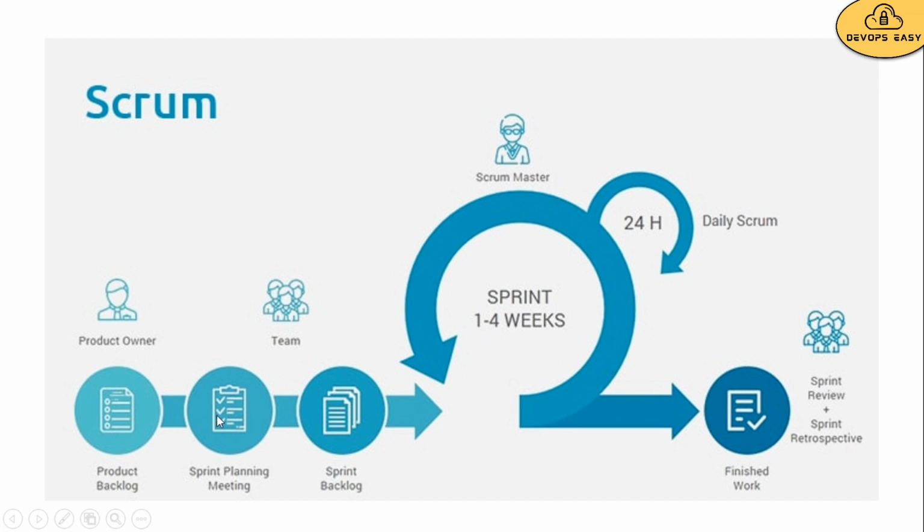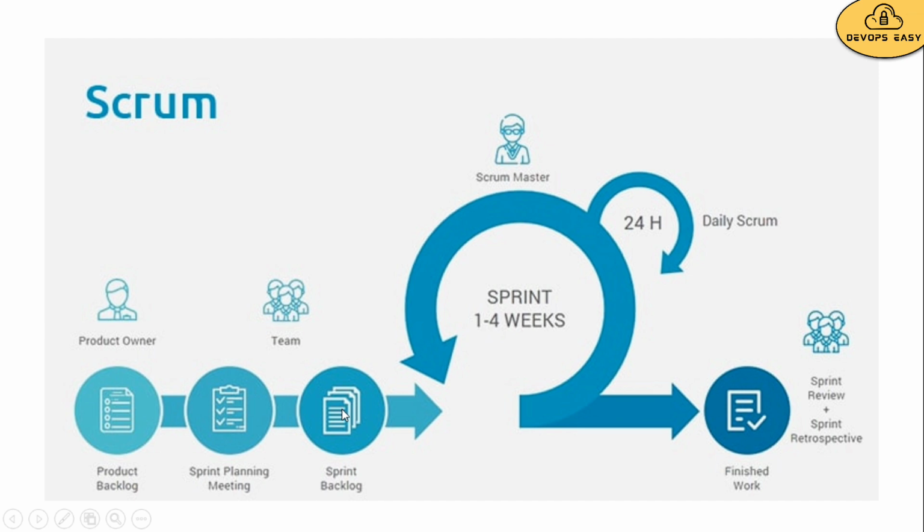In that meeting they will discuss with the product owner and the team will participate, and they will discuss that we have 2 weeks of time, and in these 2 weeks what we need to work on. Suppose I have taken that I want to create only the home page. Then that work will be added to the sprint backlog.